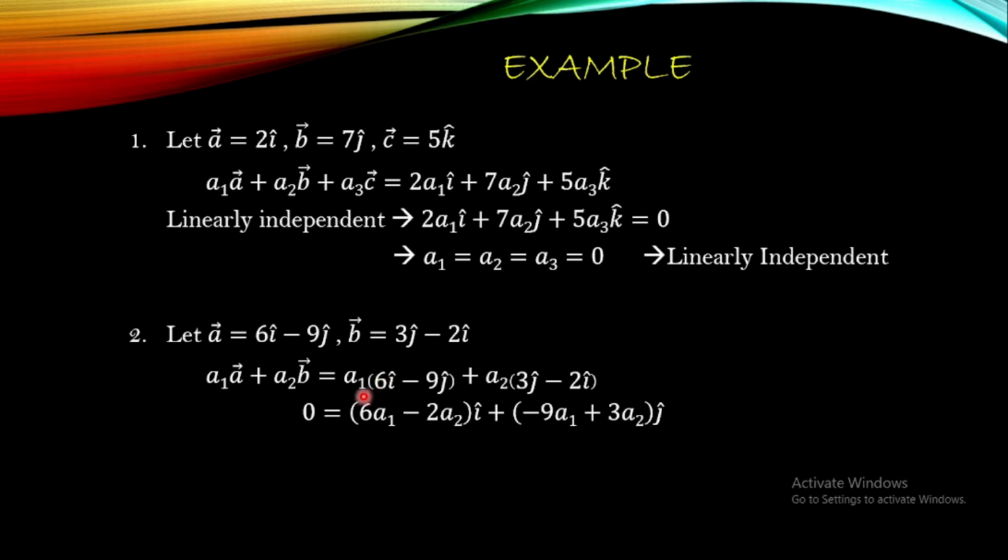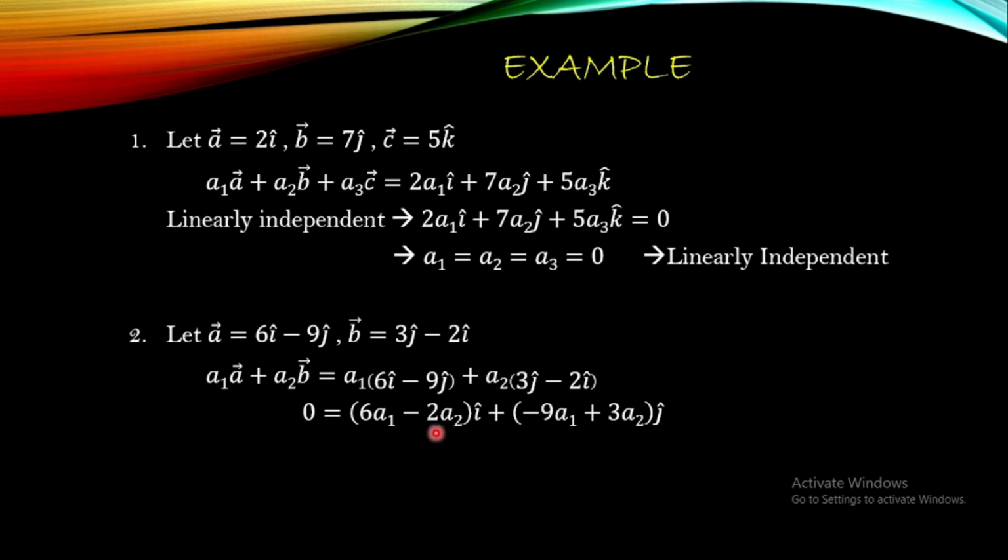So 6a1 minus 2a2 will be taken into the brackets and i cap is common outside, plus when you take j cap common, we have minus 9a1 plus 3a2. Again, if the sum of two factors has to be equal to 0, it means that each factor has to vanish.